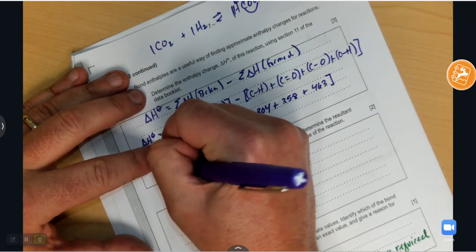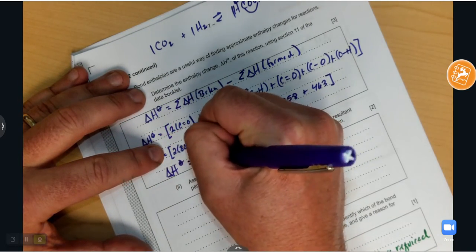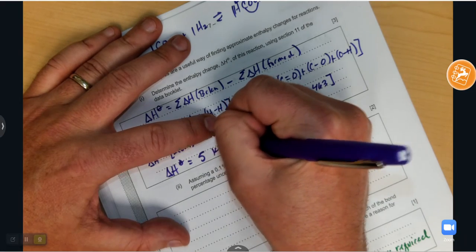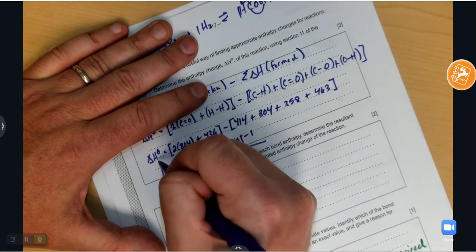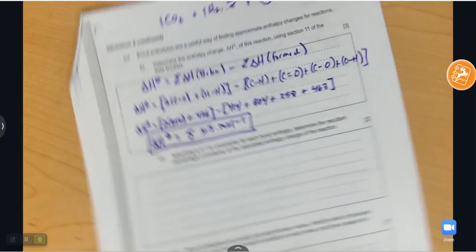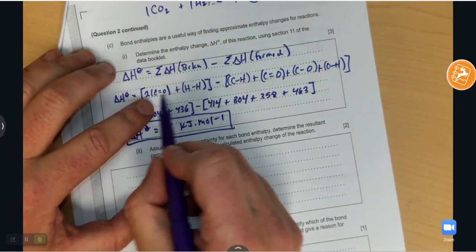When you plug all those values in, you get 5 kilojoules per mole.